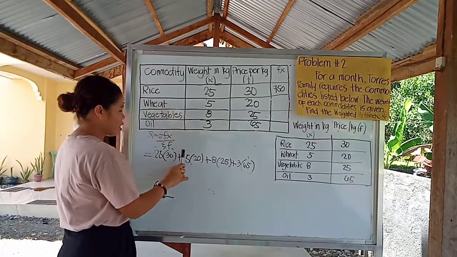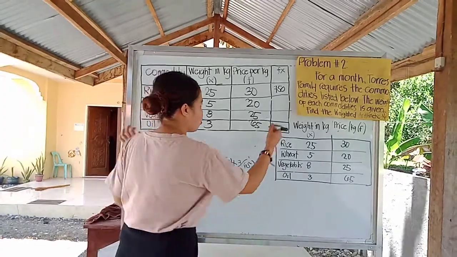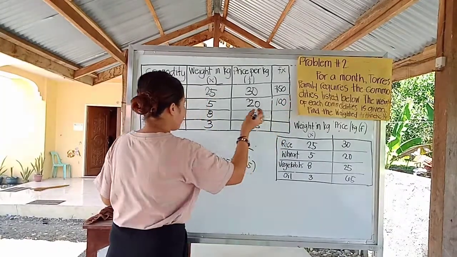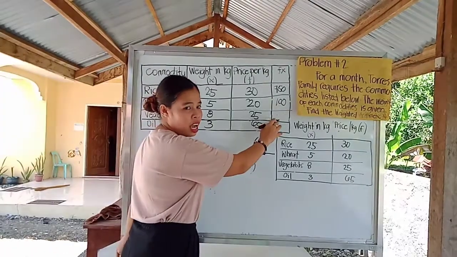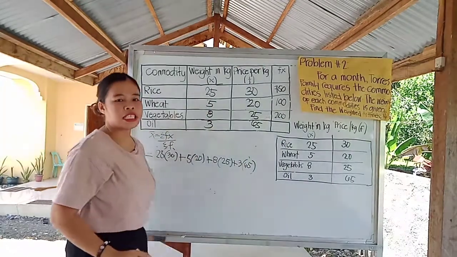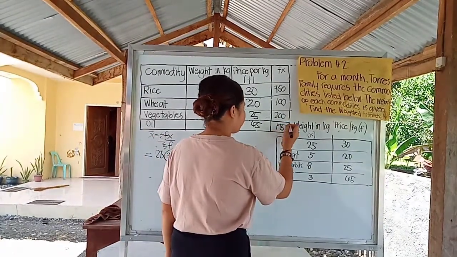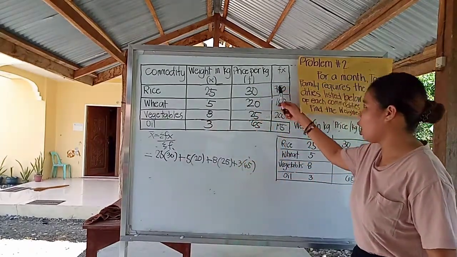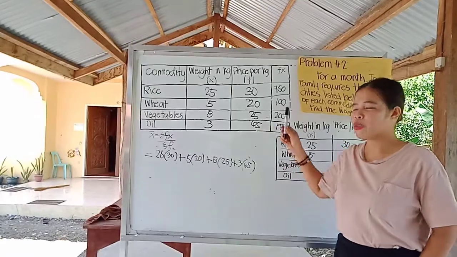Next is the wheat. 5 times 20 is equal to 100. Next is our vegetables. 8 times 25 is 200. And 3 times 65 is 195. So these are all the Fx, or the products of each commodity.